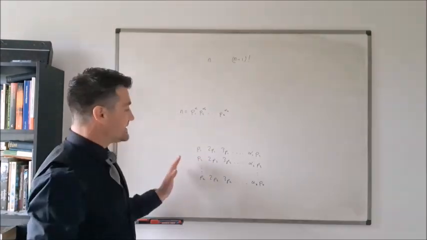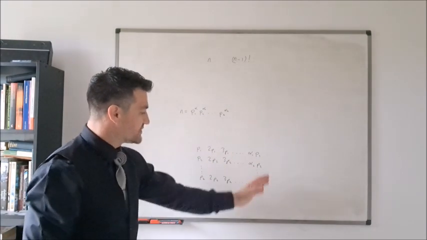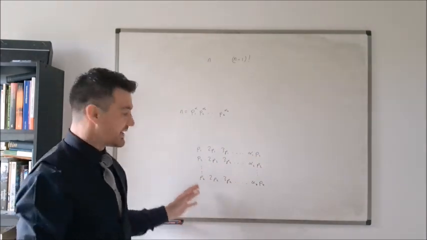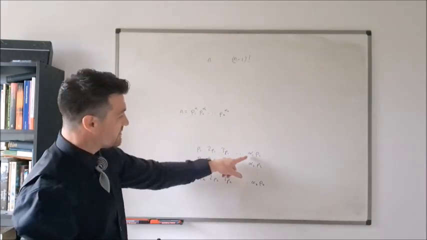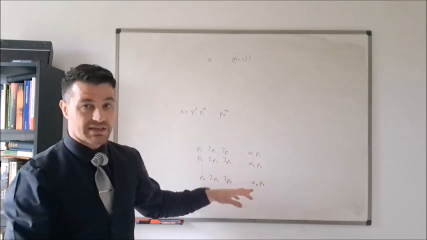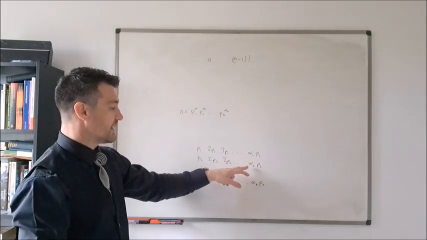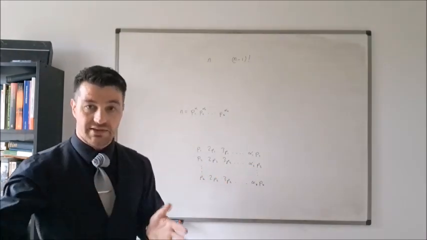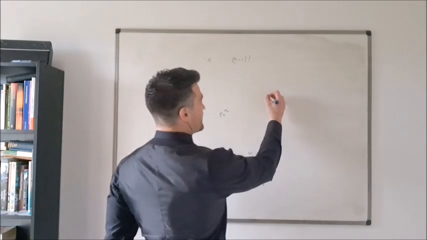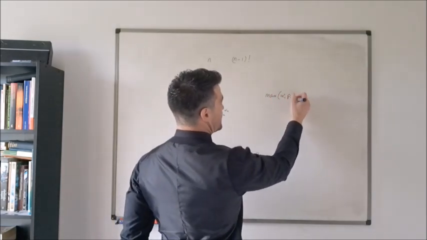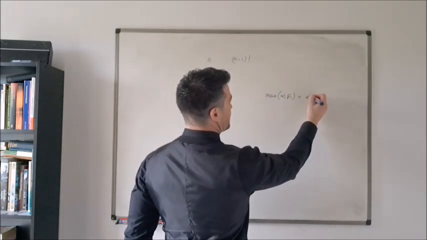Let's suppose I choose the maximum value that I find amongst all of these numbers. The maximum is going to be one of these alpha i, pi. So it's either going to be alpha 1 p1, or alpha 2 p2, alpha 3 p3, or alpha k pk, for example. So let's say that the maximum over the alpha i, pi is equal to alpha p.